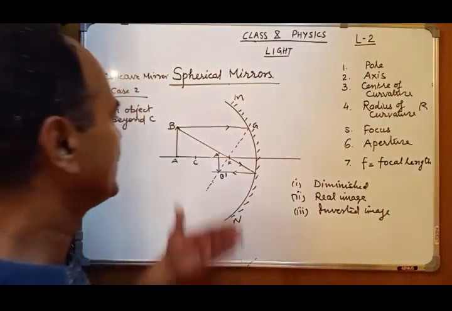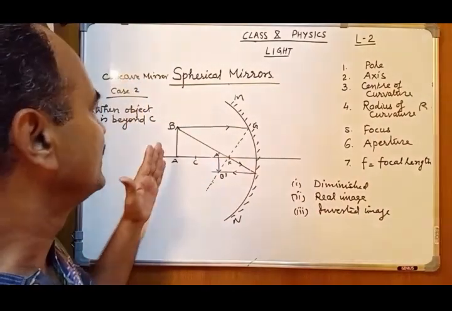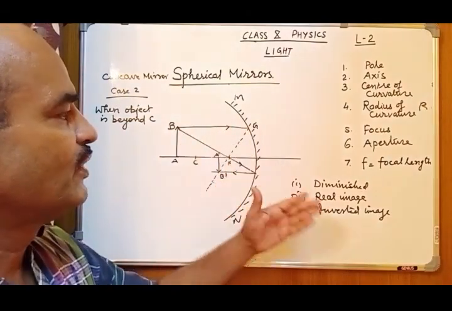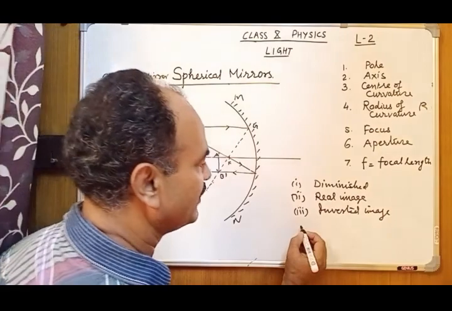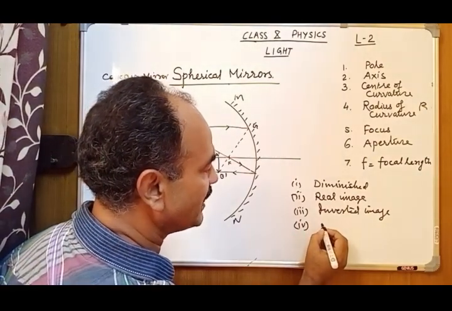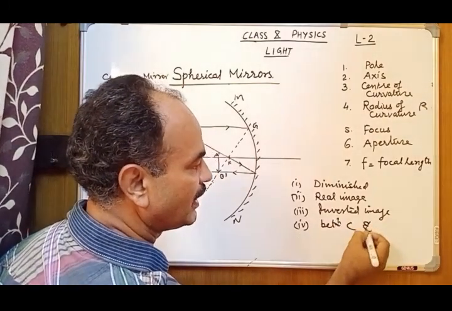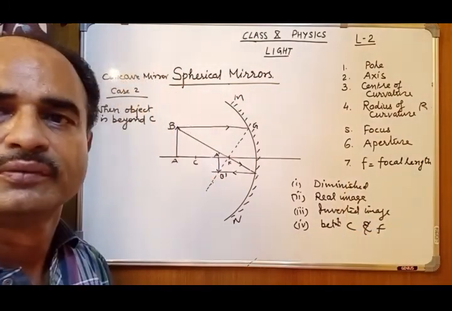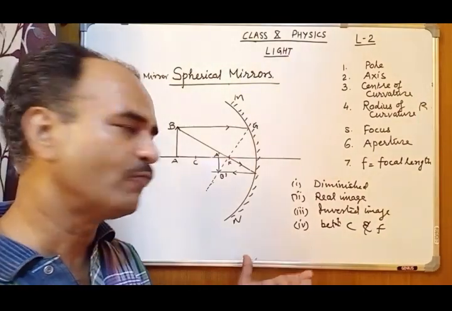So we can summarize with this: when the object is kept beyond C, what will happen? It will form a diminished image, and the image will be formed between C and F, between the center of curvature and the focus point.